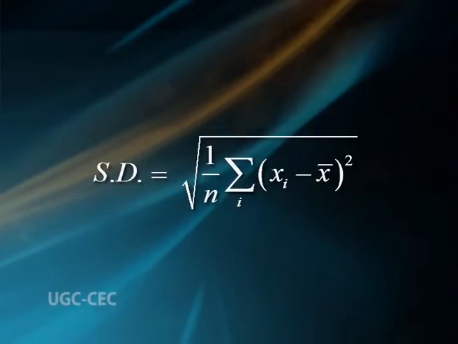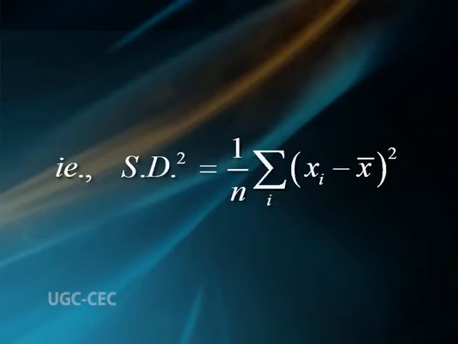For the observations x1, x2, etc., xn with arithmetic mean x bar, we have standard deviation SD equal to square root of 1 by n summation over i (xi minus x bar) whole square, that is SD square equal to 1 by n summation over i (xi minus x bar) whole square.